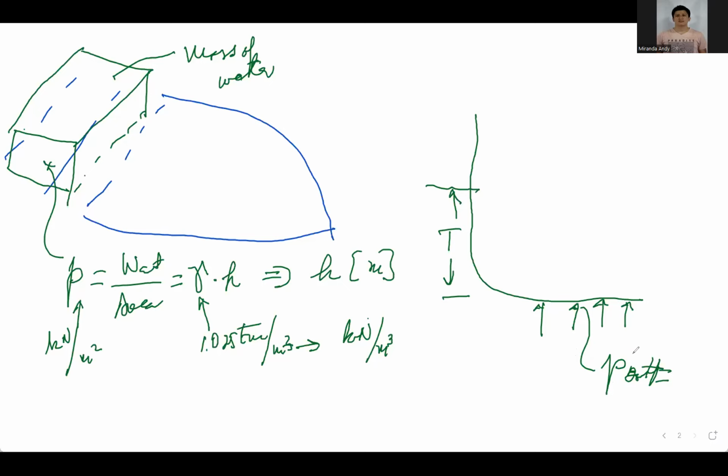No, please. Pressure has units of force per length squared. Buoyancy has units of force. How do you calculate the pressure on the bottom? It's equal to gamma T. Okay, so gamma is again the specific weight of the fluid, seawater, and T is the draft.